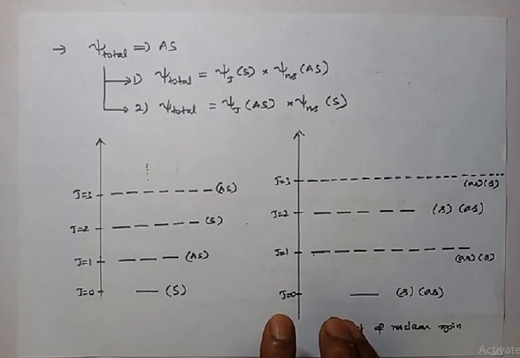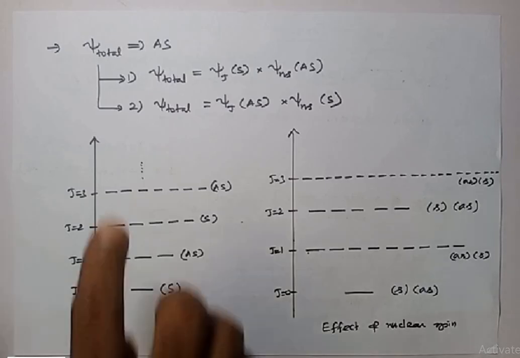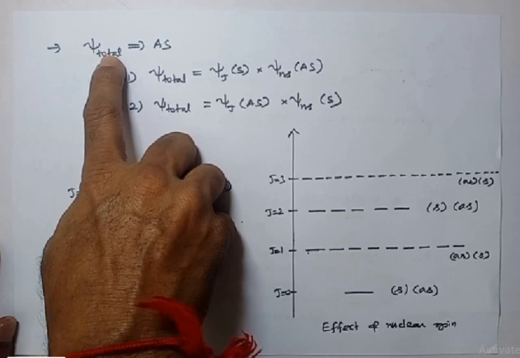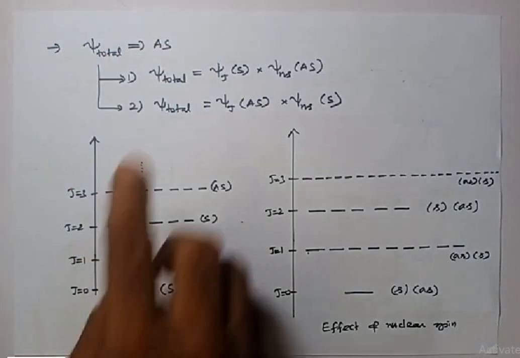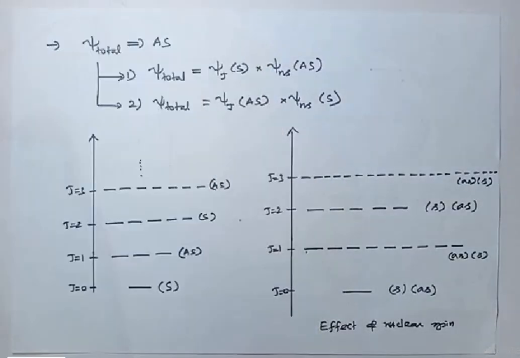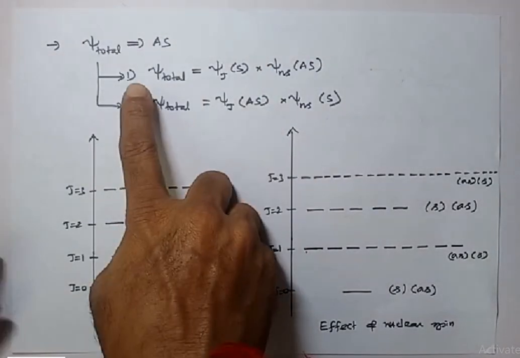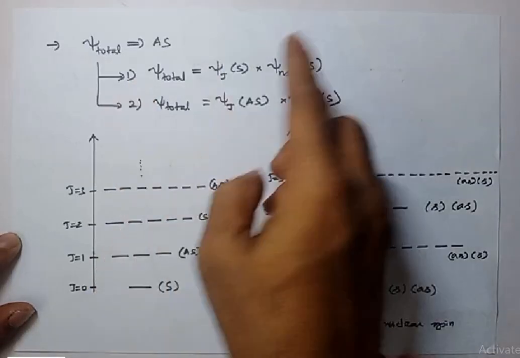In the case of the hydrogen molecule, the 2 nuclei are fermions. When the molecule undergoes rotation, 2 identical fermions exchange their position. In that case, the total wave function is antisymmetric. I wrote simply AS, meaning antisymmetric, as per the Pauli principle. And here we have 2 possibilities. What are the 2 possibilities?